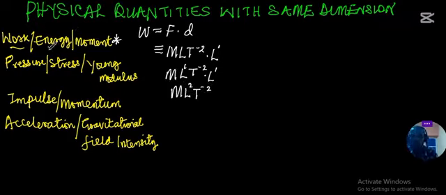And if we do that for energy, energy and work have the same units. So you can start by saying energy is power times time. And we know that power is work over time.